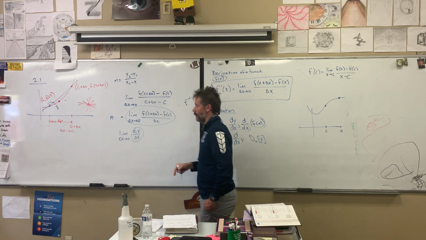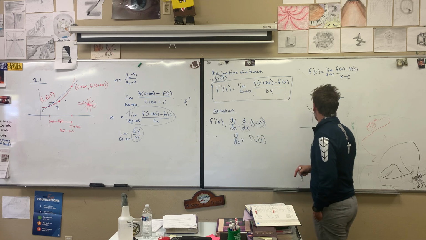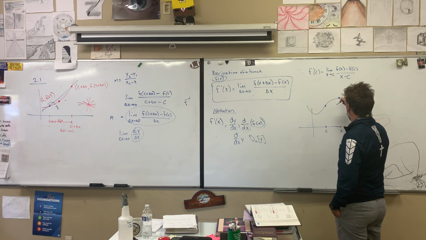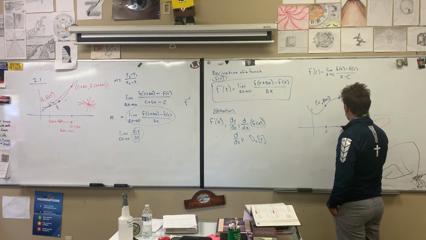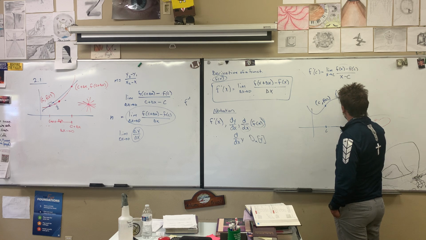So this allows us to look at going to a specific point here, and we say, okay, this is c, comma, f of c, and then this is over x, up f of x. So it's y2 minus y1 over x2 minus x1.